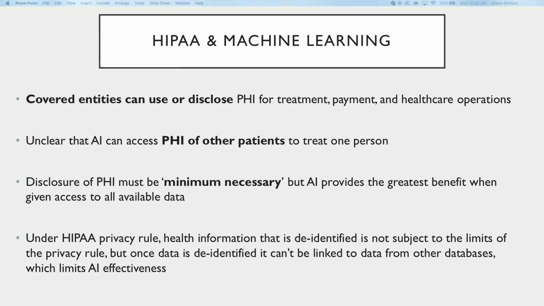That's good news. The problem is that once you de-identify information from one database, you can't match it to another, and so you lose whatever synergies you can get by merging health data sets. When we remember how fragmented the healthcare system is and that most people don't have all their medical records in one place, we realize that's also a problem, because your machine learning is only operating on short components of people's health histories.